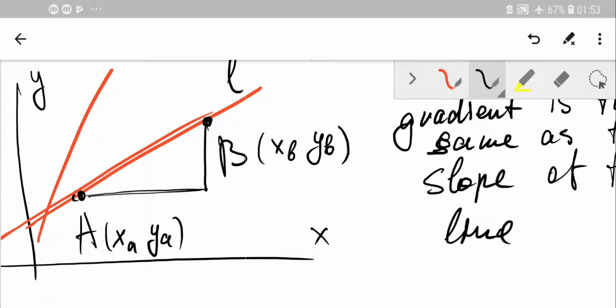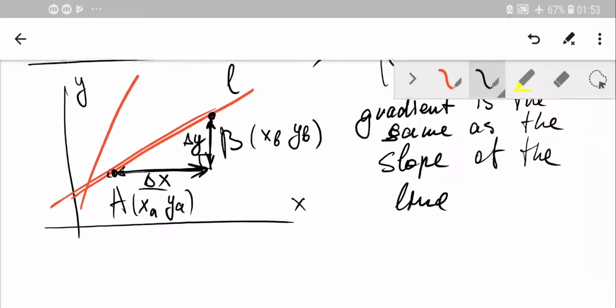We inscribe a right angle triangle. For which reason? Because we want to identify how much change in x coordinates you have, and using this change in x, how the y coordinates are changing.